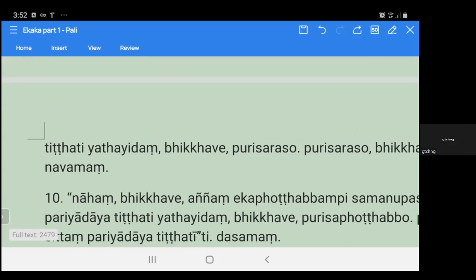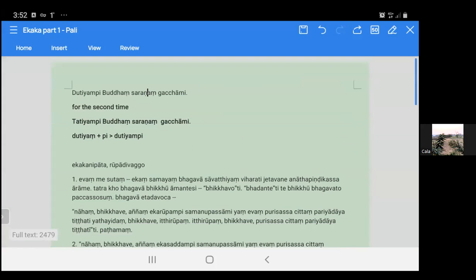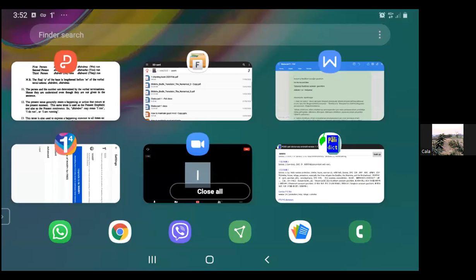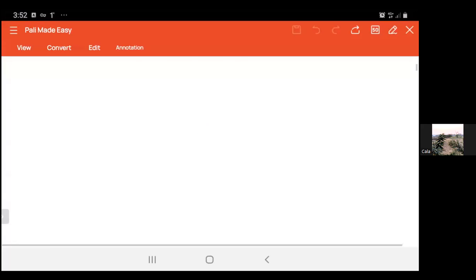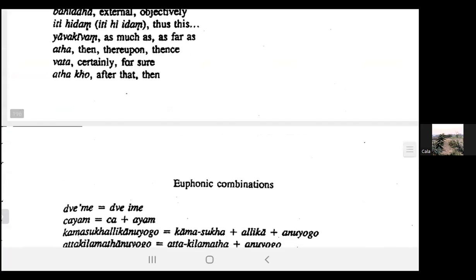Buddham saranam gacchami. Okay, so if you refer to your Pali Meiji page 106, can you see the number there? 106. Okay, Paṭhamaṃ. Paṭhama, Dutiya, Tatiya, Chatutta, Pañcama. Okay. Where is my Pali Meiji? I think most of you have this book, right? Okay. So let me follow 106.